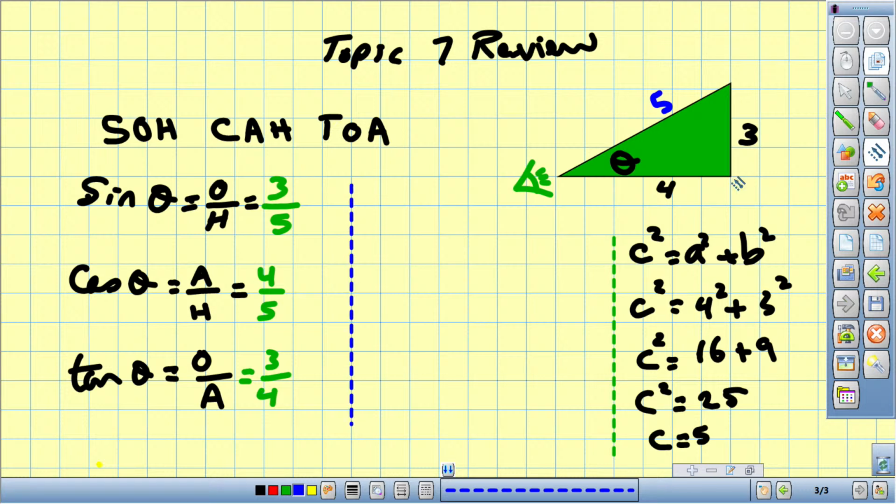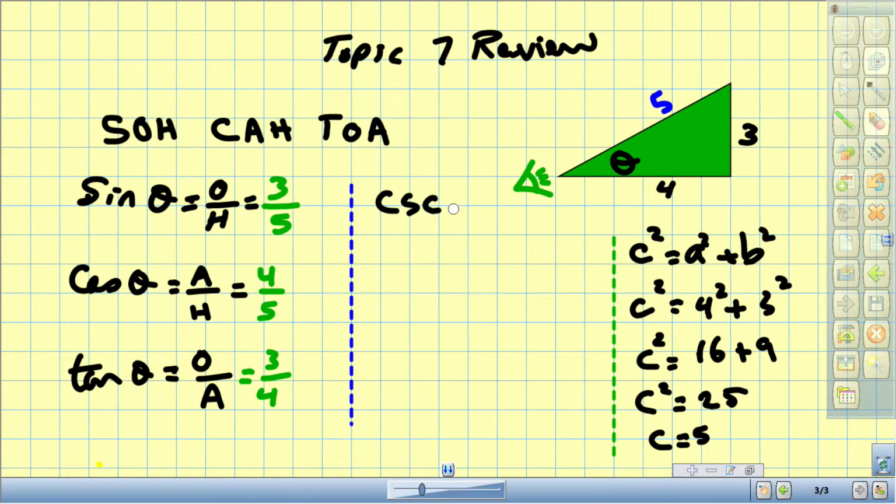So for example, the sine has a cousin that starts with a k. There's only one k for the pair. So the sine has a cousin which is cosecant. And the good thing about this is you already have done the hard work.